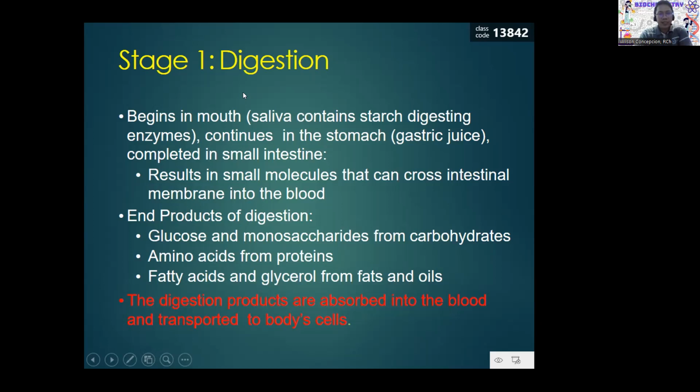Ginawan pa natin ng table, di ba? For carbohydrates, the end product is monosaccharides. For proteins, the final product is amino acids. For fats and oils, they become fatty acids and glycerol. So the organ where absorption of our nutrients starts is the small intestine. After that, it will be transferred to the blood to be transported to our cells where it is needed.